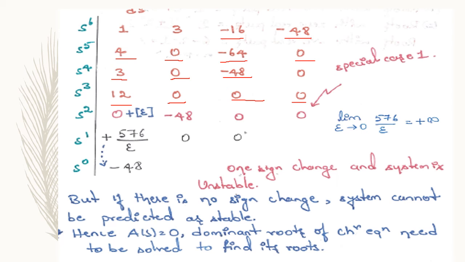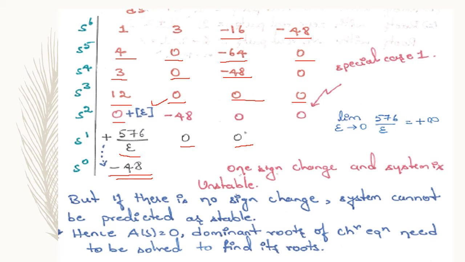Again, when we solve, there is a term 0. Then we can use the special case 1, that is, we substitute positive epsilon. So when we substitute positive epsilon, we get 576 divided by epsilon, 0, again 0, and the final value we get is minus 48.